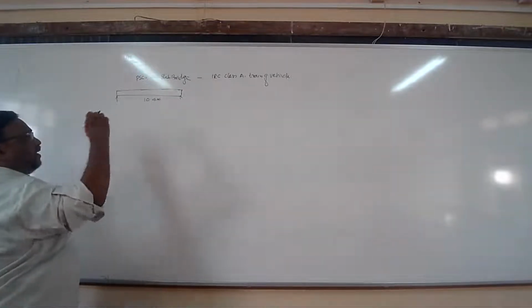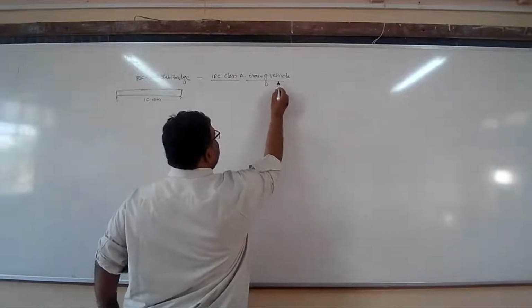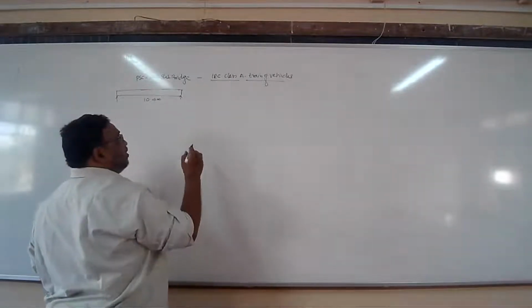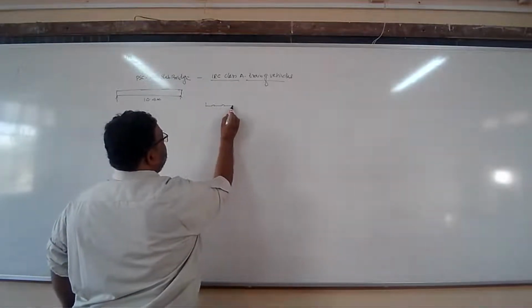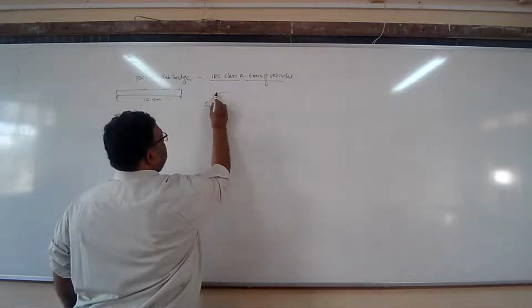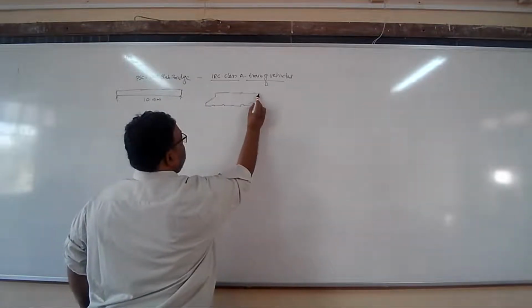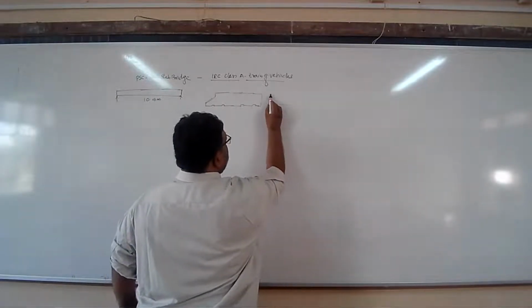This is how it will appear longitudinally. You are supposed to design it for IRC Class A train of vehicles. In case of IRC Class A, this is how the vehicle is.